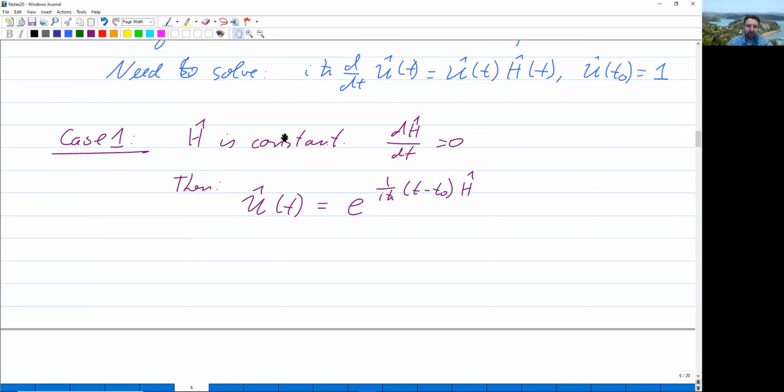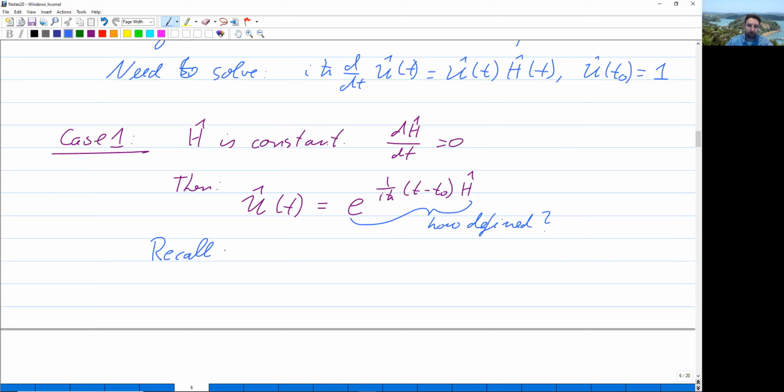How do you actually exponentiate a number? Or how does the machine do it? Well, let's recall. How is it defined? What's the exponential of an operator?